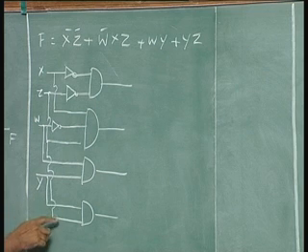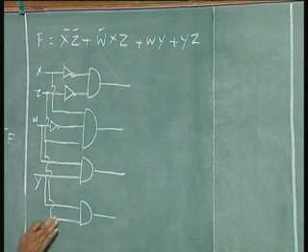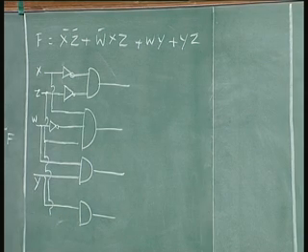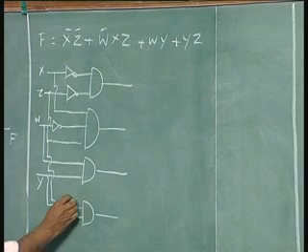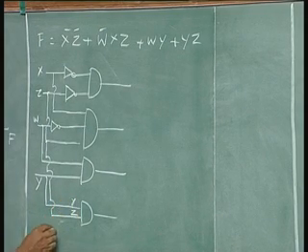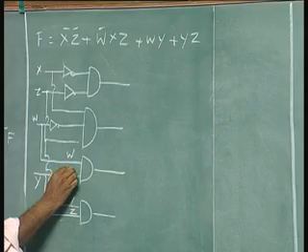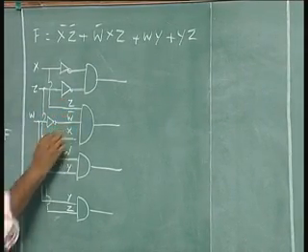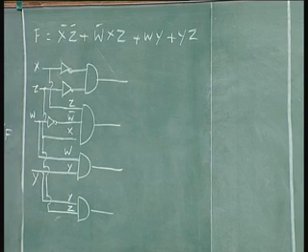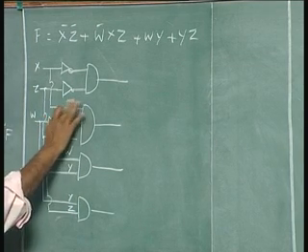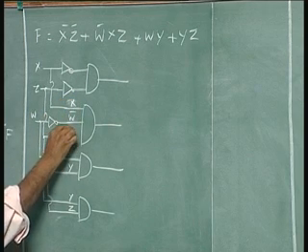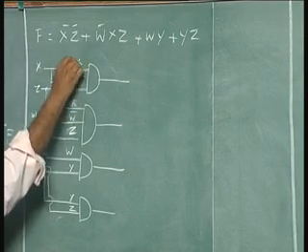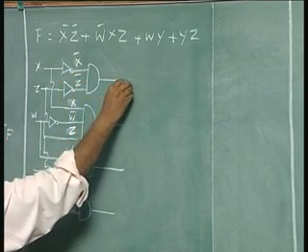So, if you don't want to lose track of these inputs, you can write it one more time here: Y, Z, W, Y, this is Z, W bar X, X, W bar Z, this is W bar Z bar, X bar Z bar, all of them combined in an OR gate with 4 inputs.